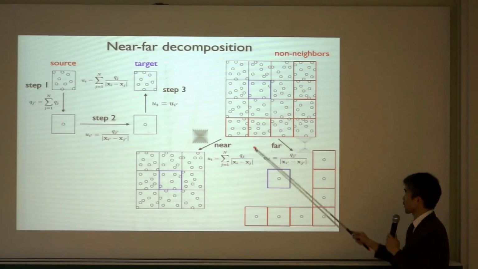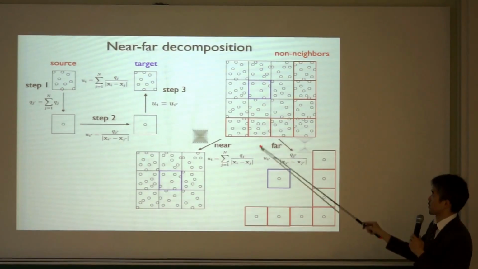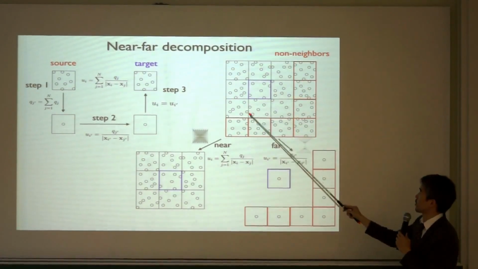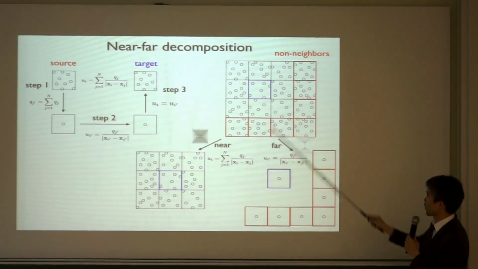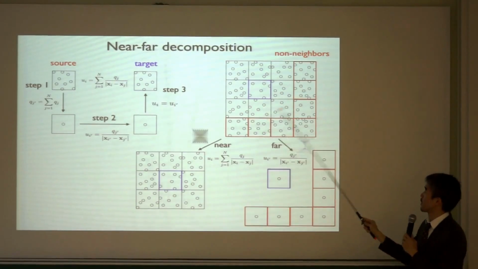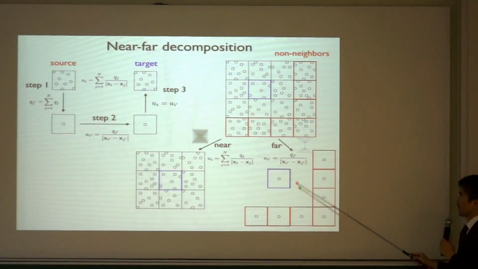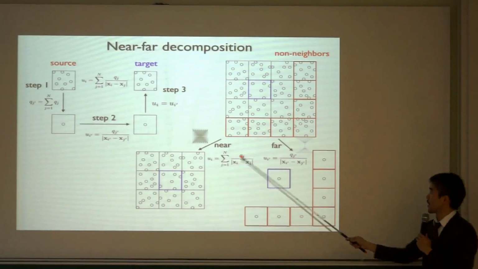You need to split it into at least 16 boxes like it's shown here. If you only split into 4, everything is still neighbored, so you can't really do the far. When you split twice, then you have these far ones. So at this level, you can split into the near and far.